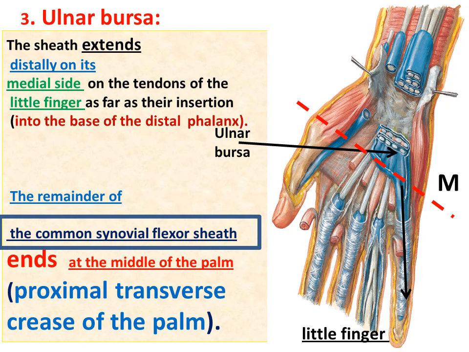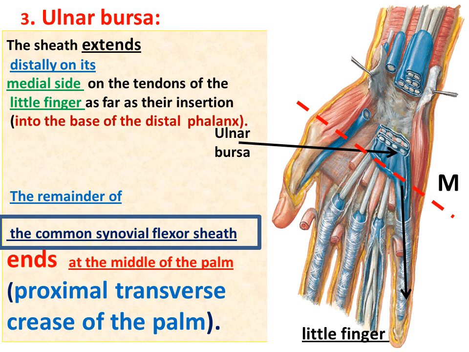Ulnar bursa, as we said before, extends medially along the medial side of the little finger like this to surround the long flexor tendons until their final destination in the distal phalanx, while the transverse part or the middle part of the common synovial flexor sheath ends at the middle of the palm at the proximal transverse palmar crease. If you look at your palm, you will see 2 transverse palmar creases, proximal one and distal one.